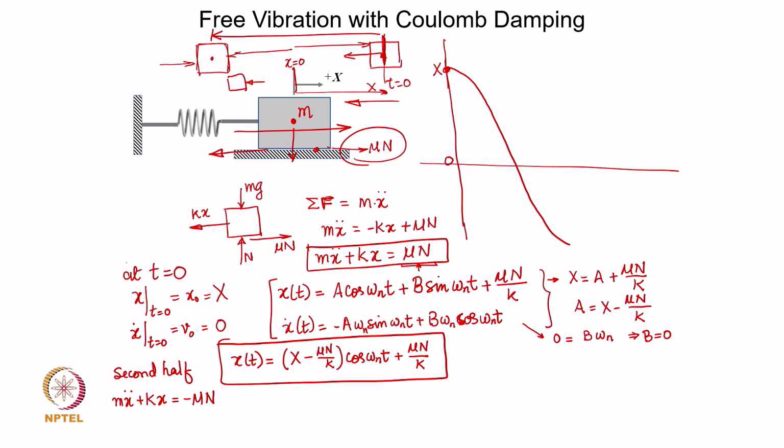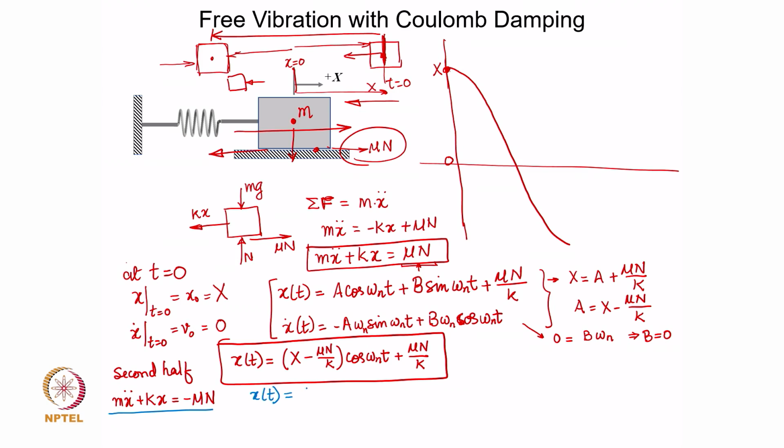what is the solution? The general solution is still going to be given by this, except that there will be a small change here. So, what would that be? x of t of this governing equation is going to be equal to what?